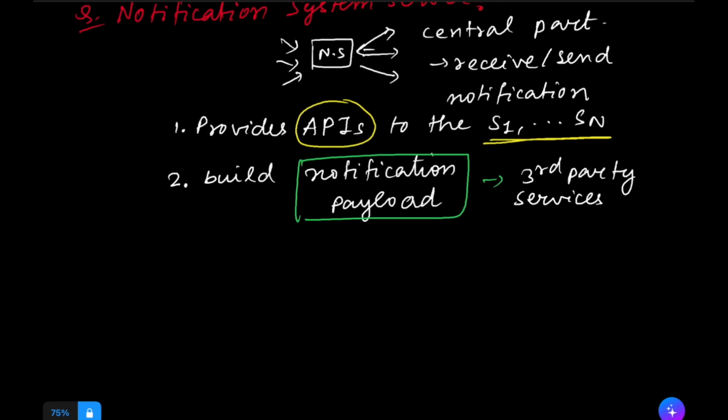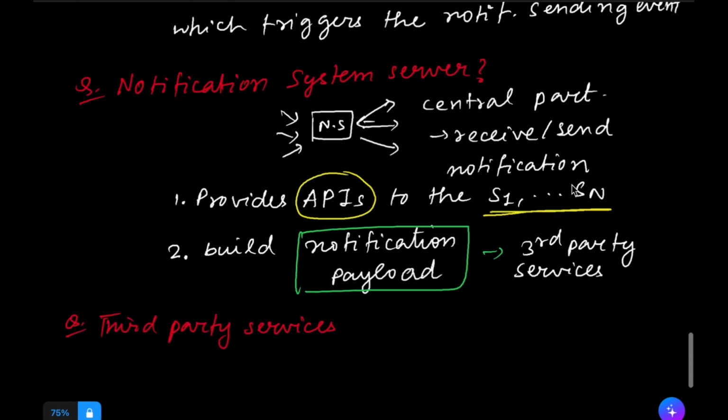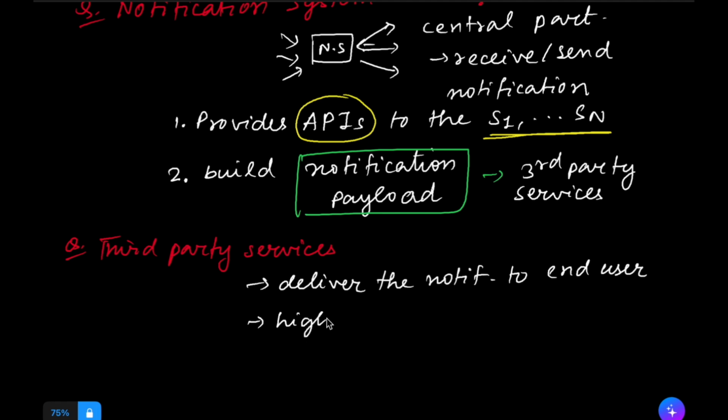So after that we have these third party services in the flow diagram, if you remember, which we drew here. These are the third party services. Their main purpose is to deliver the notification to the end user, and these should be highly extensible, so they can be easily plugged in or removed as per our requirements.